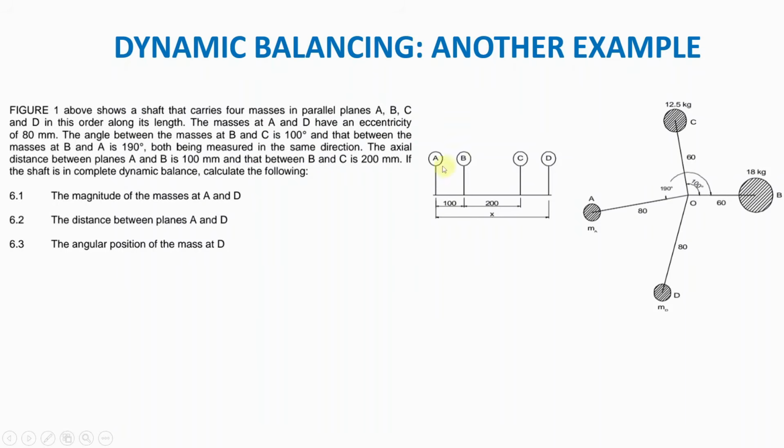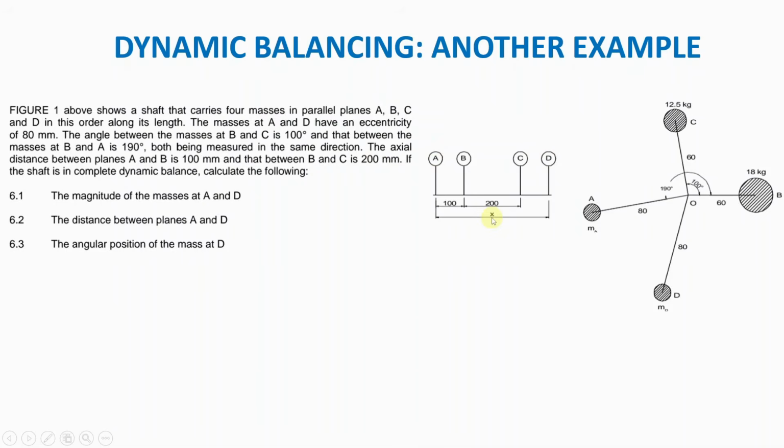Plane A, the plane of rotation of mass A, is that plane there. The distance between that plane and this plane B here is 100 millimeters, and then between B and C is 200 millimeters, and then the total length of the shaft, or let's say the distance between plane of rotation A and plane of rotation D, that one is X, okay?